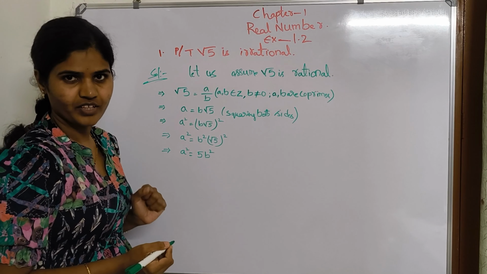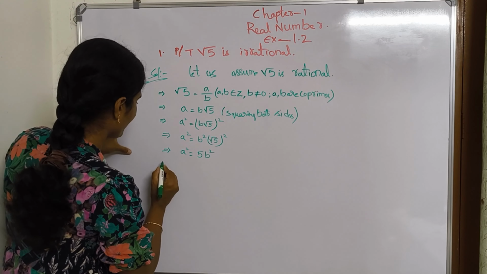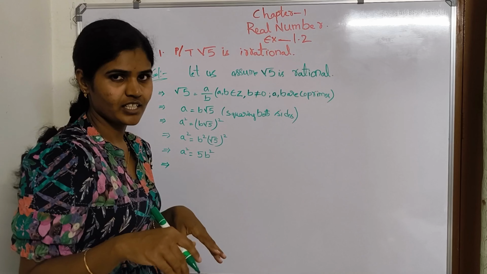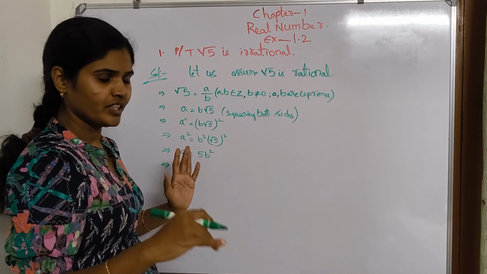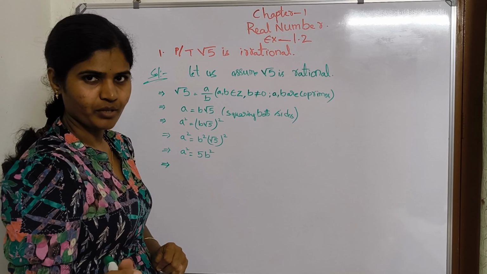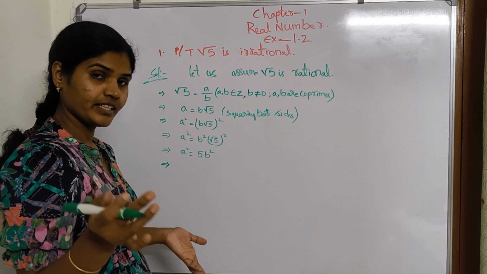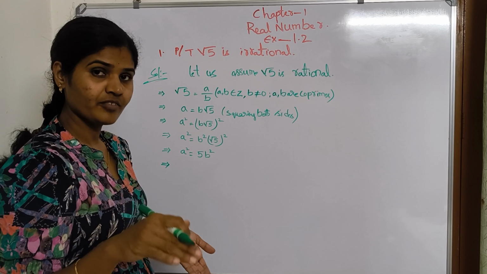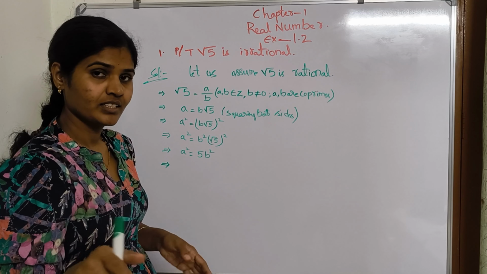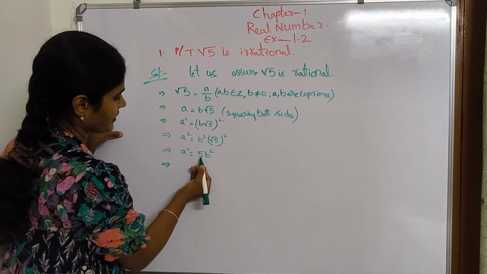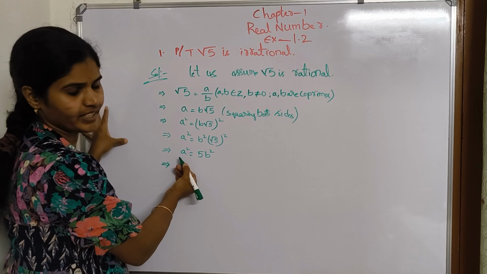Yes, 5b square. Already in irrational numbers we discussed: if p is a prime number, then p divides a square means p divides a also. Here what is the condition? 5 divides a square.